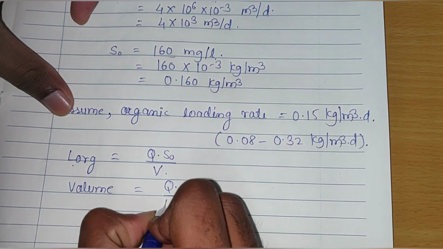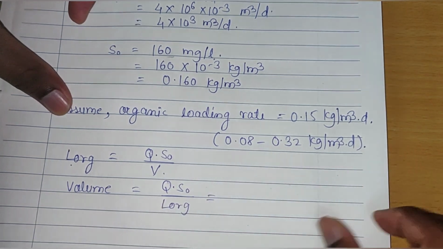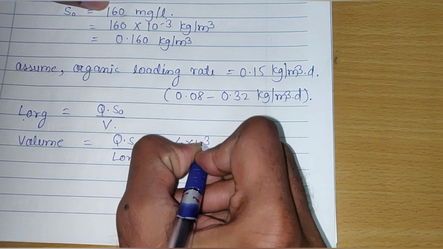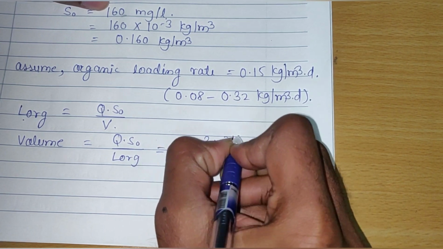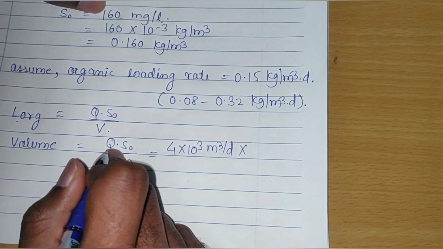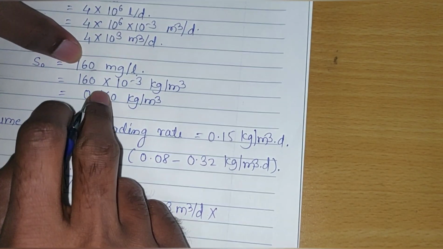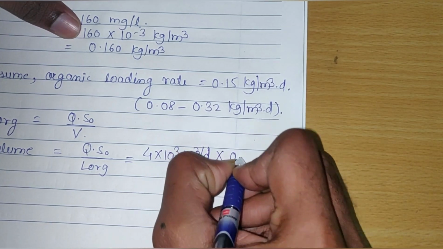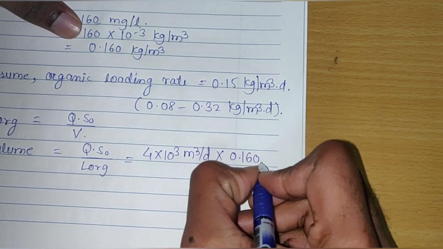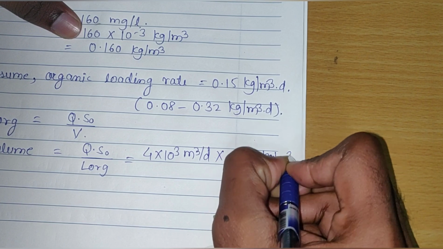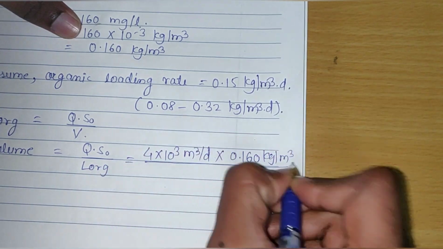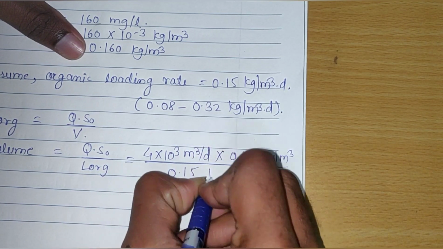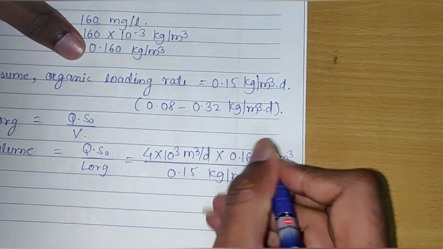Volume is Q into S0 upon L_org. Q value is 4 into 10 raised to 3 meter cube per day, into S0 value 0.160 kg per meter cube, divided by the L_org value we have assumed as 0.15 kg per meter cube per day.